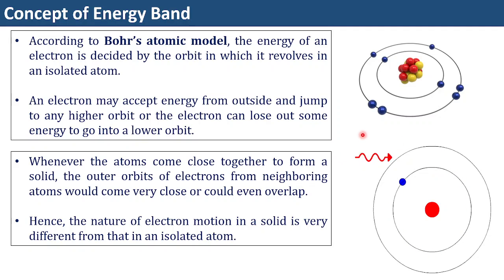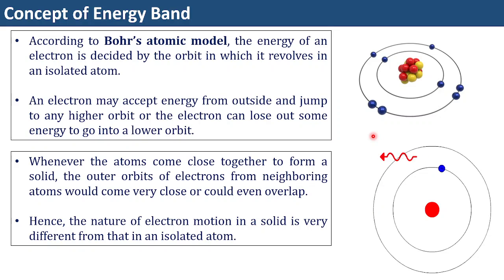So an electron can release energy to come down in orbit, and an electron can gain energy to go up in the orbit. If the electron gains energy, it will make a transition to higher energy levels. If an electron at a higher energy level loses some portion of the energy, it will come down. That's how an electron makes a transition between orbits or energy levels.